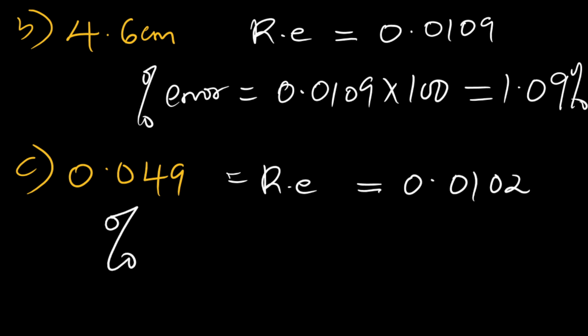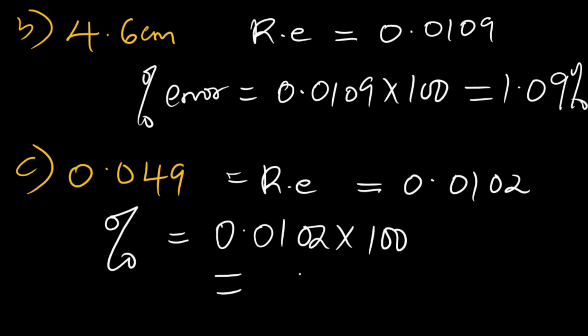So percentage error is given by relative error 0.0102 times 100%, and this will give 1.02%. So that is how you calculate the absolute error, relative error, and percentage error.